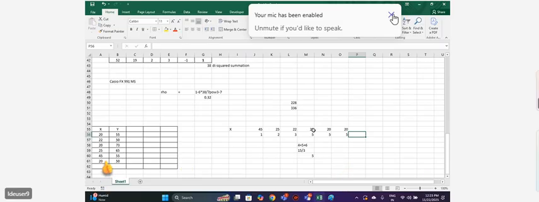Whereas when you come to 20, I have 1, 2, 3 people who have scored. So first you put 4, 5, 6. You put it like that. Understood?